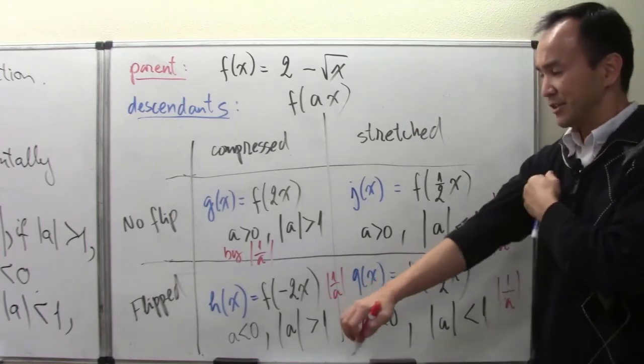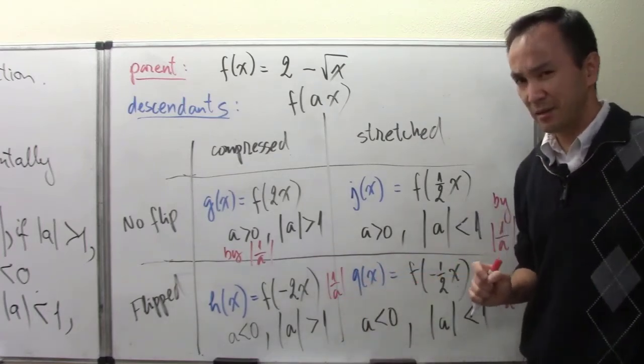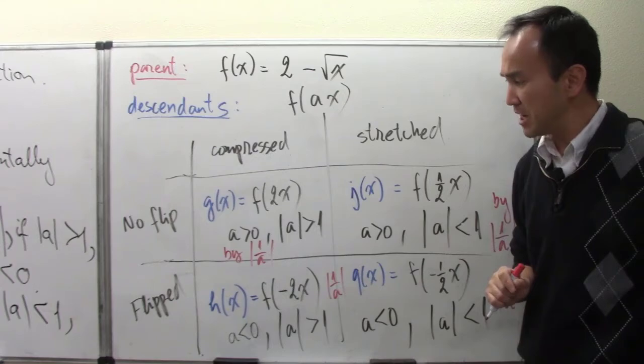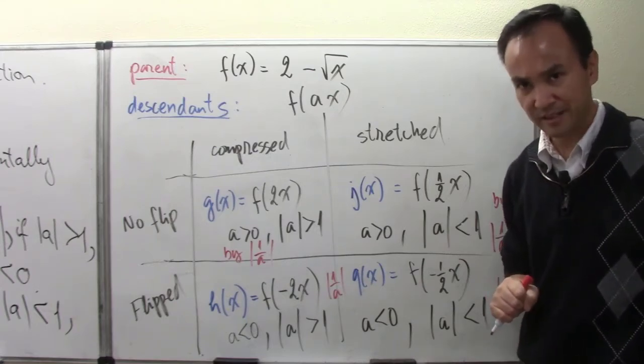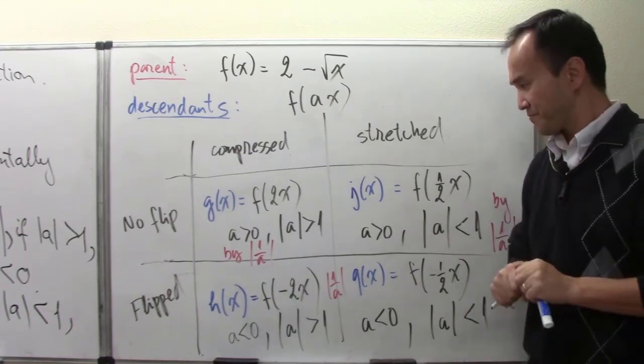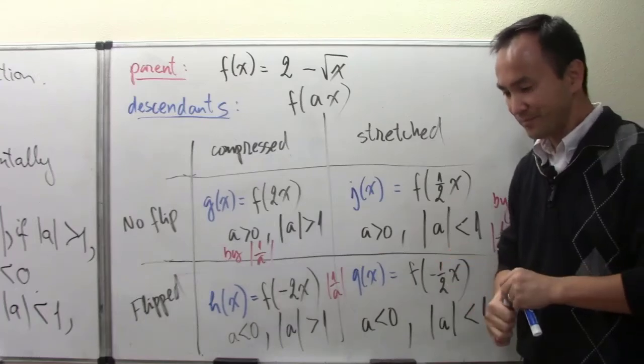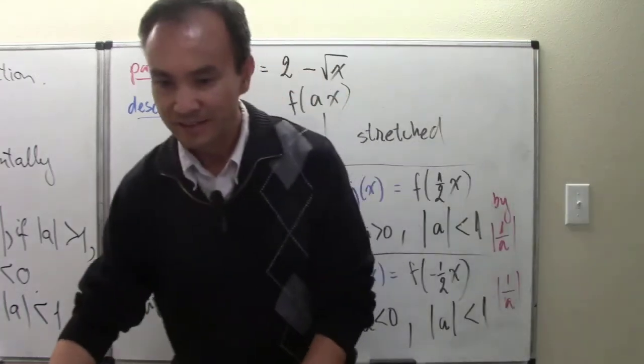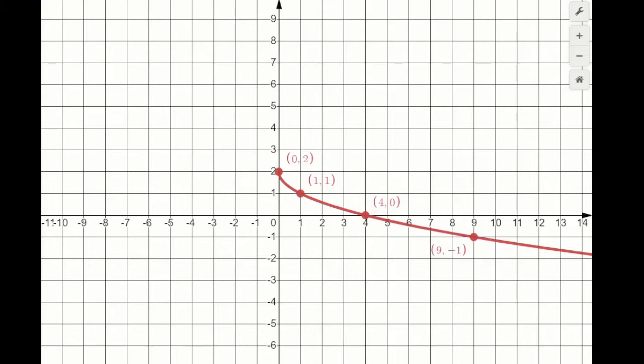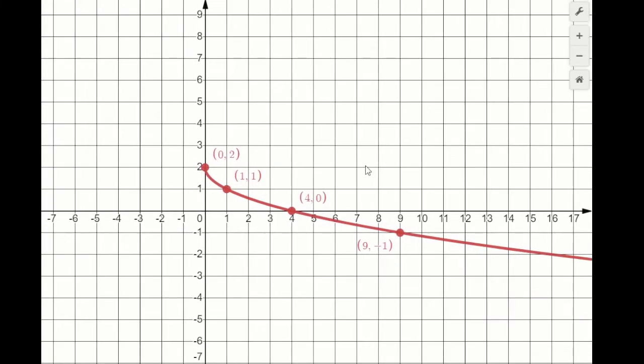Sometimes you get that. Let me come back to the graphic and demonstrate what it means by absolute value of 1 over a. Now this is the graph of the original parent function.